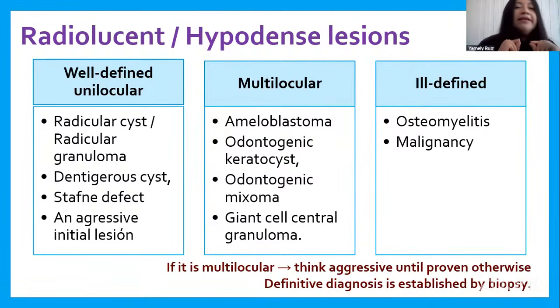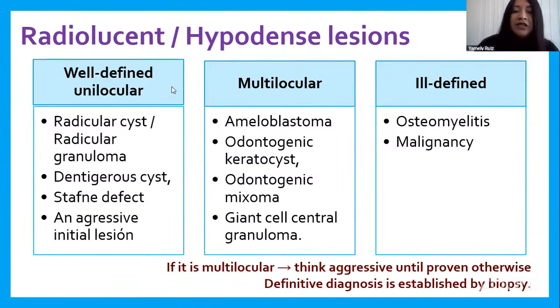A key point in this group: if the lesion or the image you are seeing in your patient is multilocular, you could think that this entity is aggressive until proven otherwise. However, in contrast, the well-defined unilocular lesions most of the time have a very good behavior or are benign lesions.